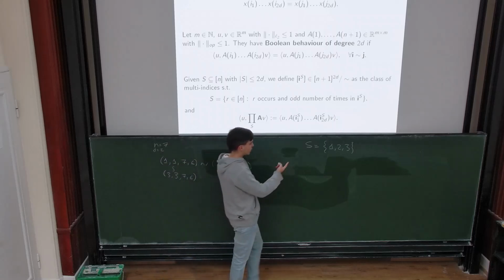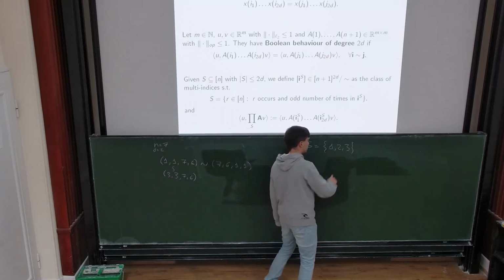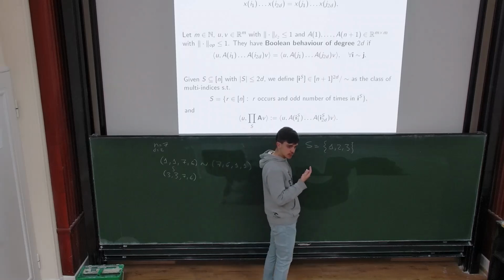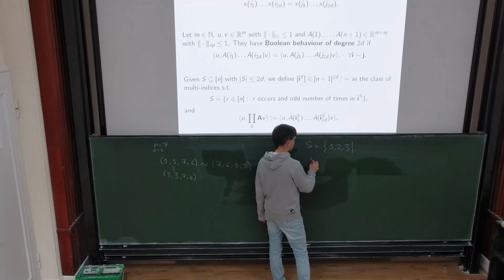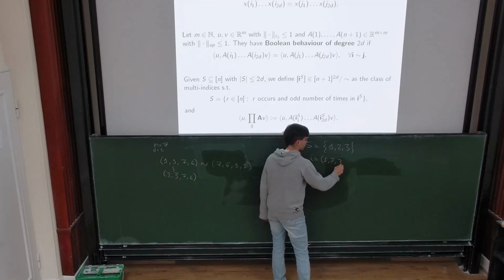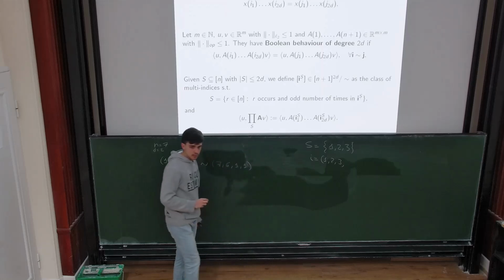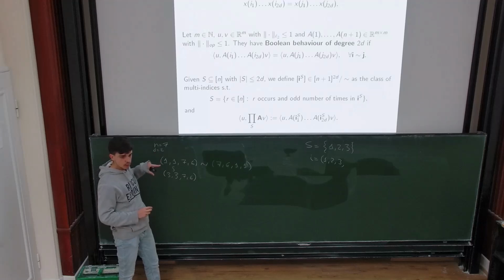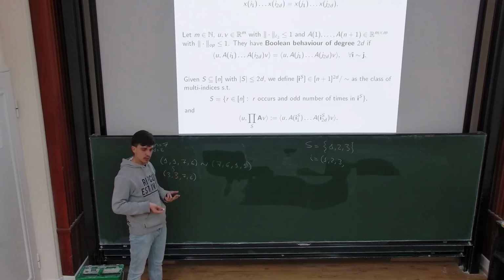So if we want this vector to have these elements, we necessarily need some extra variable, because of course a vector that is assigned to S must have 1, 2, and 3, right? But you need something of length 4 because d is 2. So you have to add another variable.